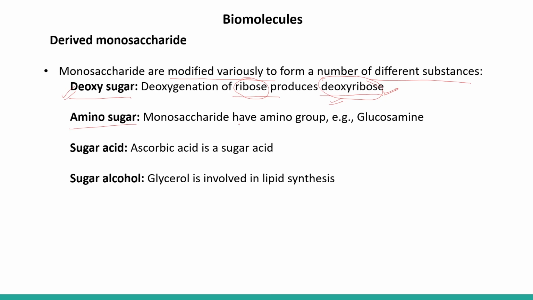Amino sugar. Monosaccharides sometimes have an amino group attached to them, for example glucosamine. Sugar acids. Ascorbic acid is a sugar acid. When an acid group is attached to a sugar, it is called a sugar acid. One example is ascorbic acid. Sugar alcohol. Glycerol is involved in lipid synthesis.